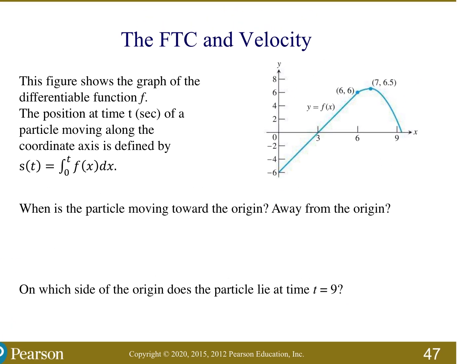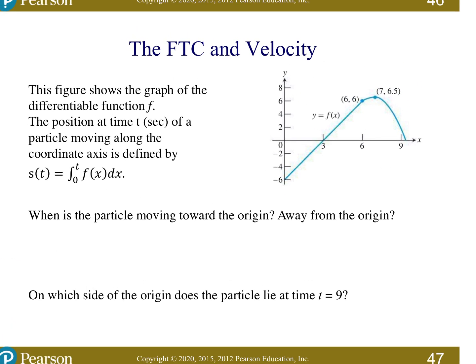When is the particle moving toward the origin, and when is the particle moving away from the origin? Moving toward the origin means that its velocity and its position have to be opposite from each other. And then away from the origin means its velocity and the position have to have the same sign.